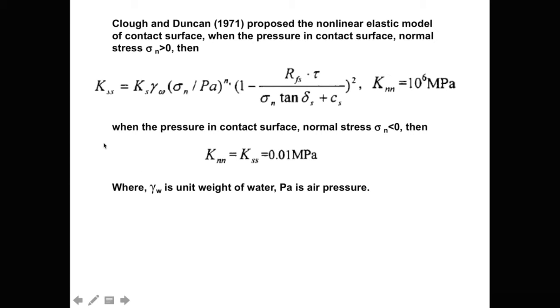Then Clough and Duncan proposed a nonlinear elastic model of the contact surface.